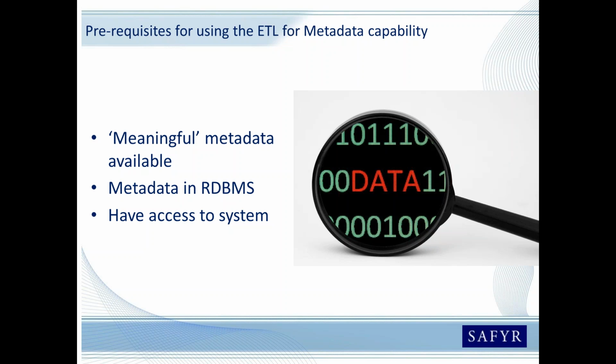So there's kind of three requirements, if you like, for Sapphire to be able to work with one of these packages. Perhaps the first one is that there is meaningful metadata available in the source application.